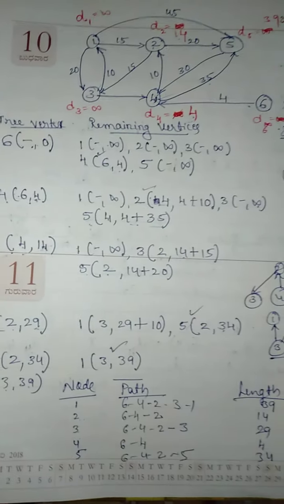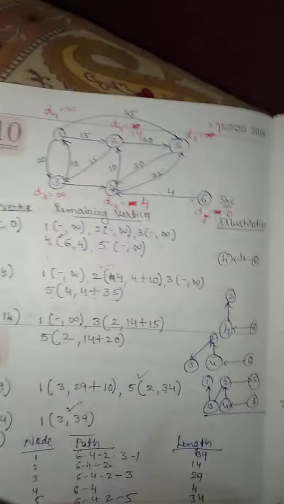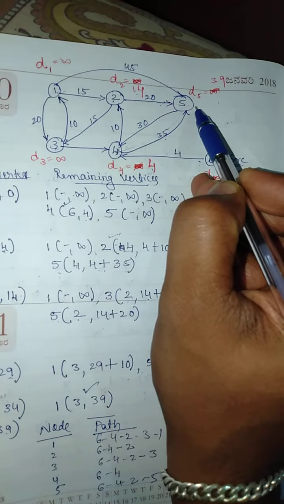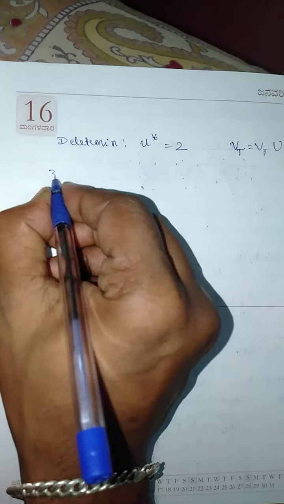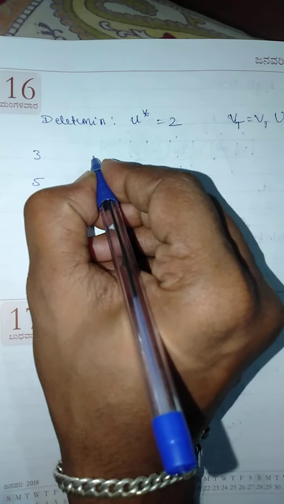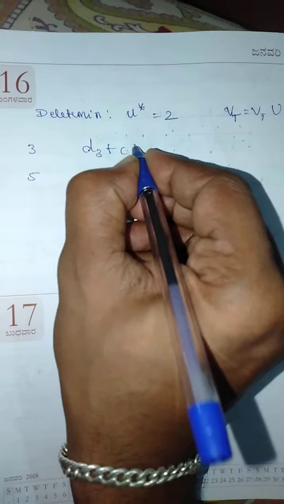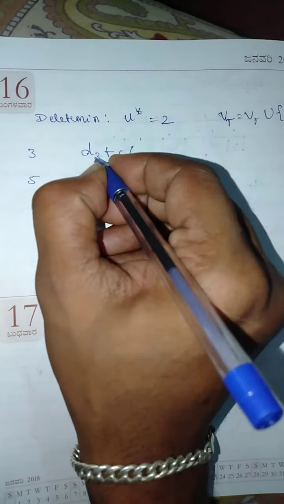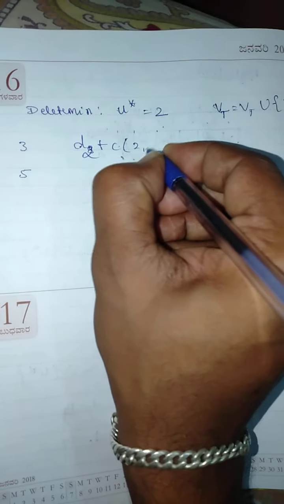Okay, now from 2 again I have to consider all the fringe nodes. The fringe nodes are 3 and 5. So what I have to do? You have to consider the distance to 2 plus cost from 2 to 3.